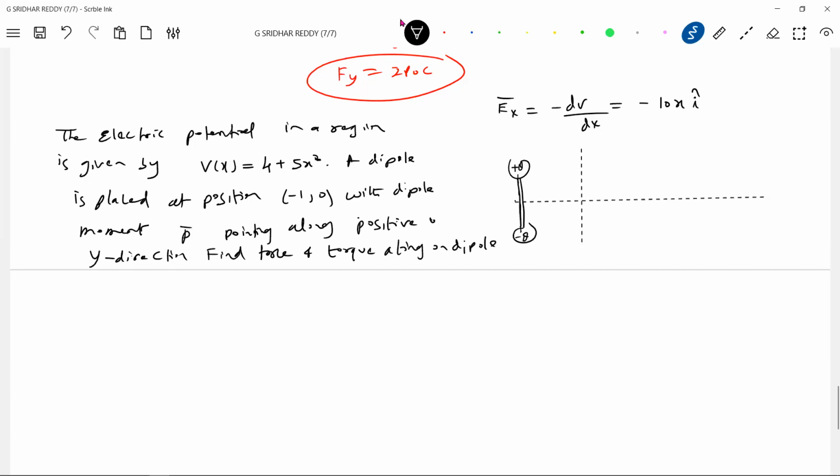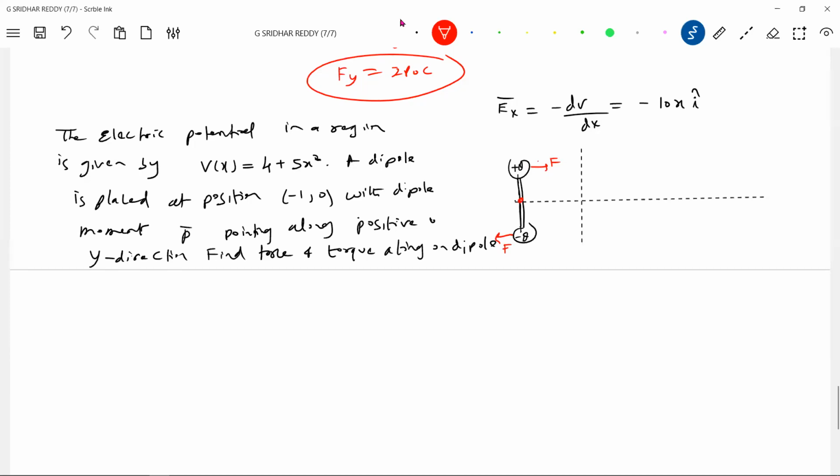Then what about x equal to -1? What should be the magnitude of the electric field? It should be towards the right. So the field here will be towards the right. This positive charge will experience force in this direction. Negative charge will experience force in this direction. Those two forces will be equal and opposite, so net force will be 0.